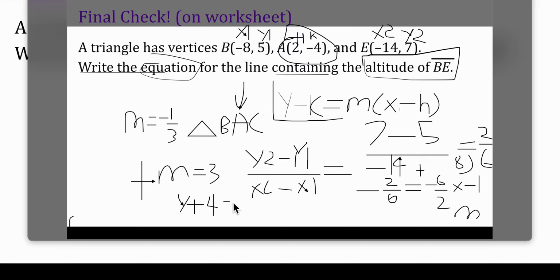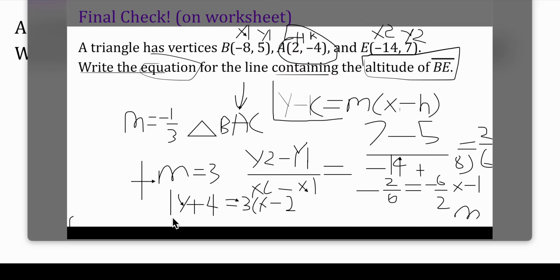Plus 4, then we put equals, and we put our perpendicular slope, which is positive 3. So it is 3x minus 2. And this is our result.